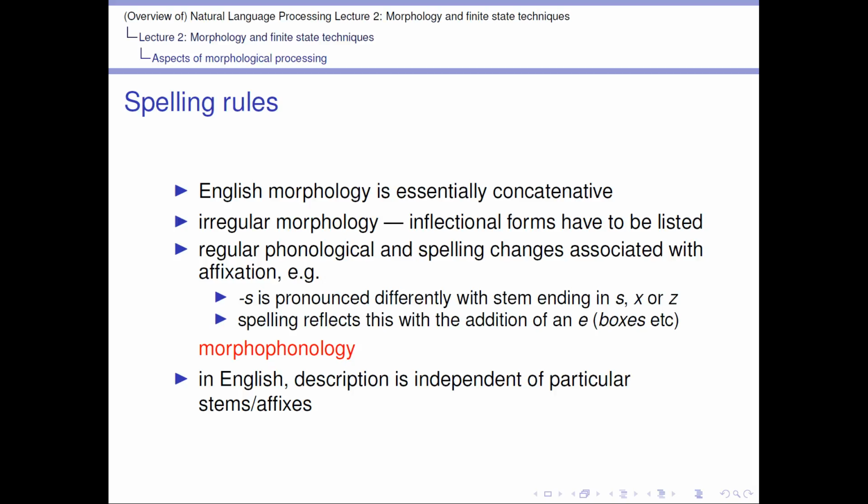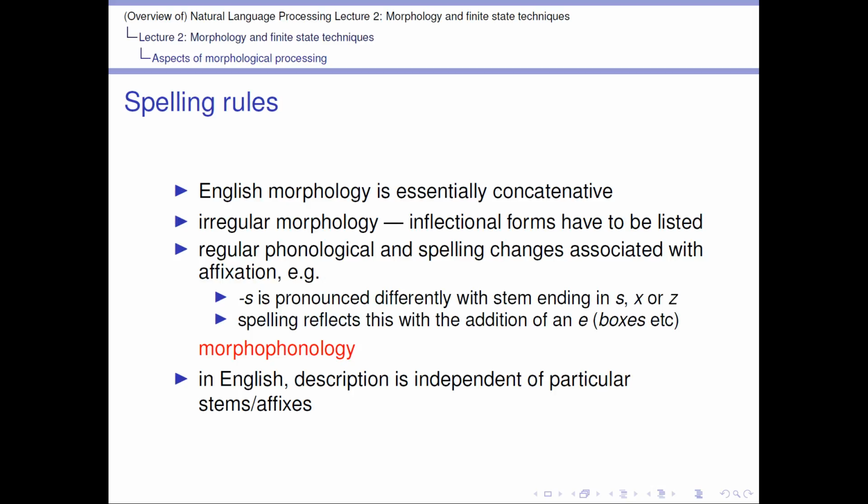And the places where it isn't are luckily very regular. So we know what they are. It's whenever the word ends with an X or an S or a Z, then we add this little E sound in there, so fox, foxes, as opposed to cat, cats. So it's a different sort of S. And it comes out in the spelling as adding this E.